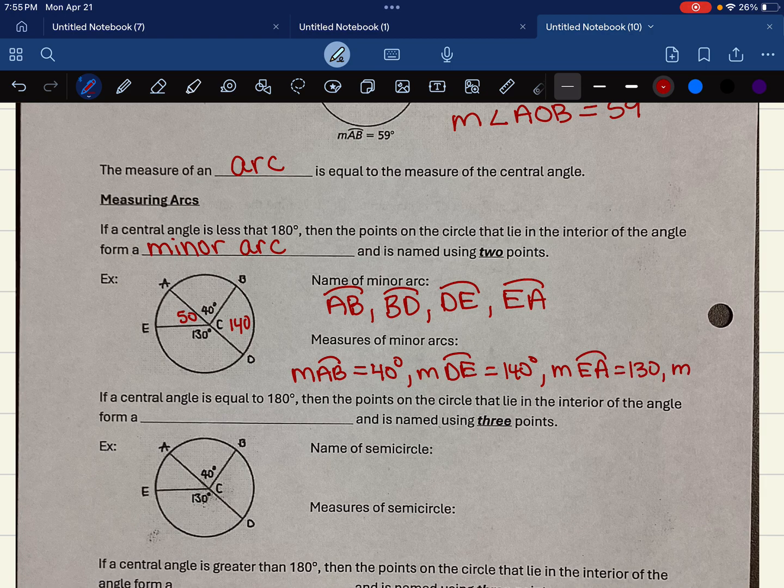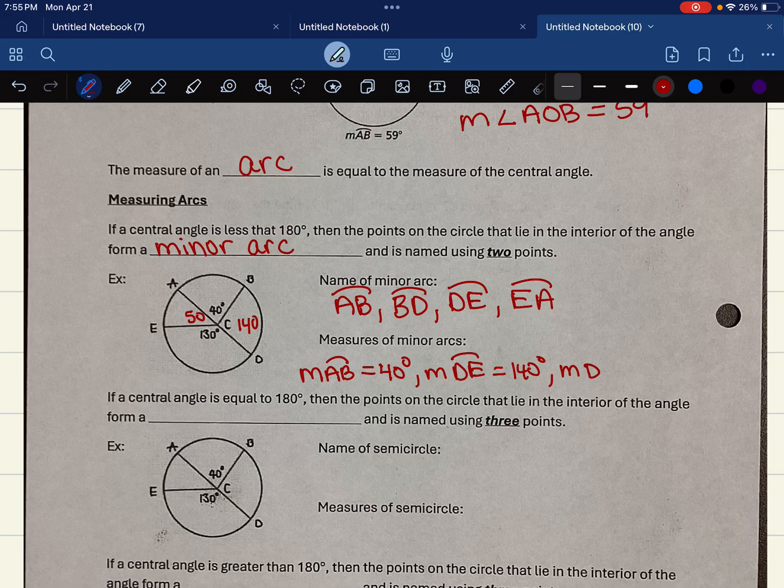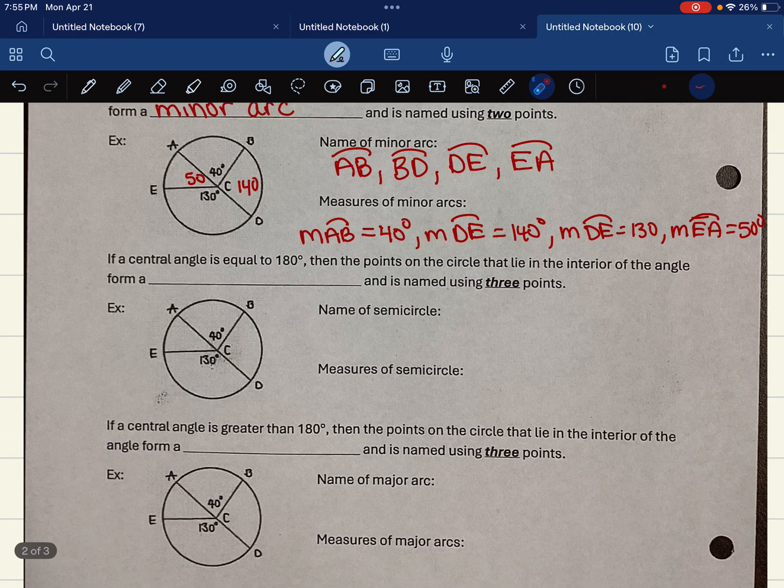And the measure, I messed up again. I'm losing my mind today, y'all. That was DE. So the measure of arc DE was 130. Just getting ahead of myself. And then the measure of arc EA, our last one, is equal to 50. Okay. So minor arcs, less than 180 degrees.